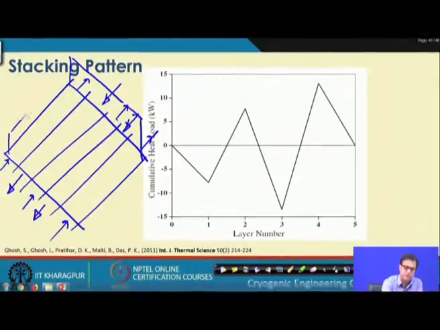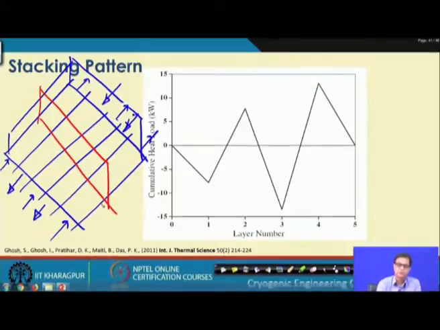This is a 3-dimensional one, and if we slice this heat exchanger at this plane, we can find out the temperature of the plates.